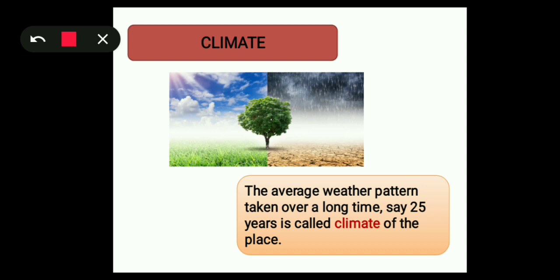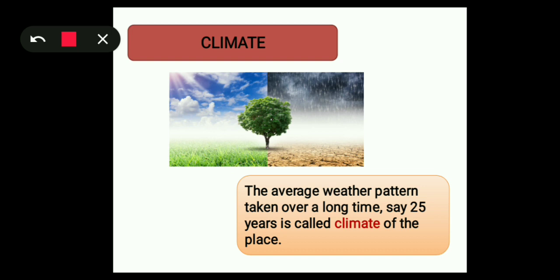Climate is something that is present in an area over 25 years. That means over 25 years, if you study the temperature of a particular state or one particular place, then you will be able to understand the climate of that place.